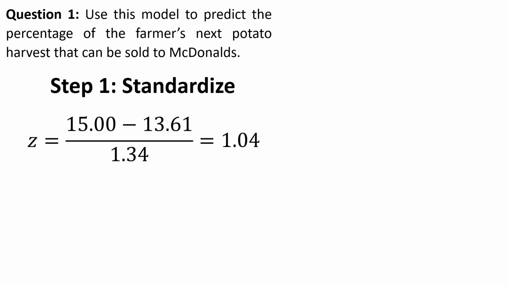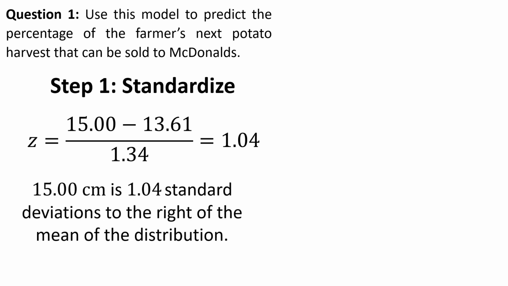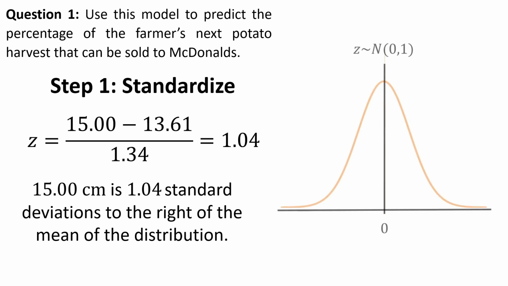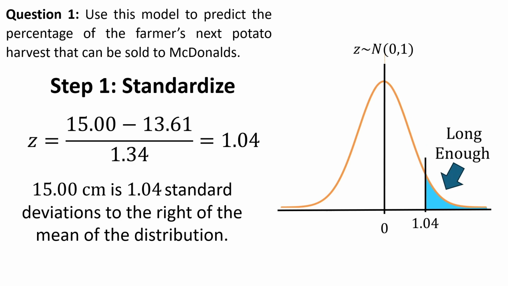We take our value of interest, in this case 15, subtract the population mean, divide by the population standard deviation, and we get 1.04, which means 15 centimeters is 1.04 standard deviations to the right of the mean of the assumed distribution for next year's harvest. To make a picture, it looks like this, and the blue shaded area in the upper tail is the proportion we're looking for. Those are the ones that are big enough.